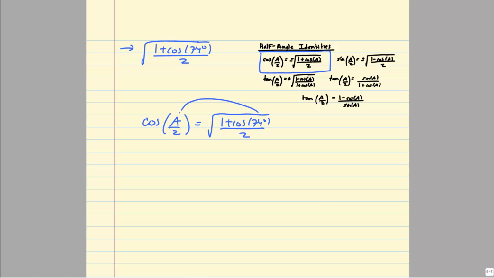So this 74 comes right here, 74 degrees over 2, and half of 74, as it turns out, is 37. So this is the cosine of 37 degrees. That's what this expression is equal to.